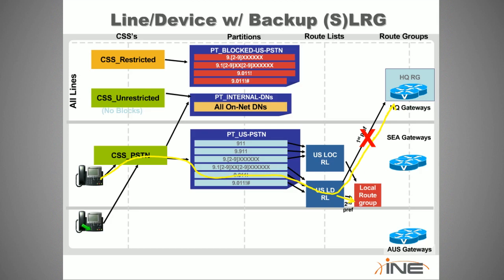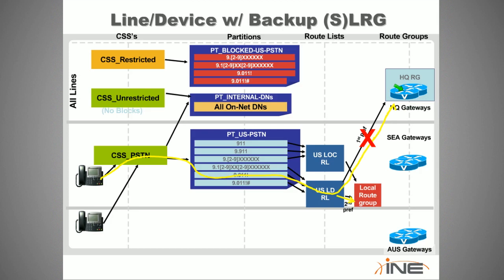But if the WAN's down, we're in SRST mode probably, unless we have a distributed cluster, which is possible as well. Maybe that route isn't available for whatever reason. Trunks are full, and so we will fail over to our site-specific local route group based on this dynamic standard local route group entity.